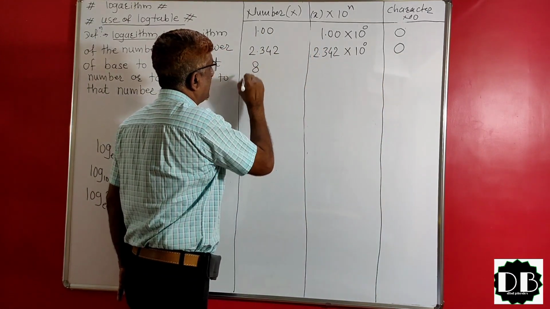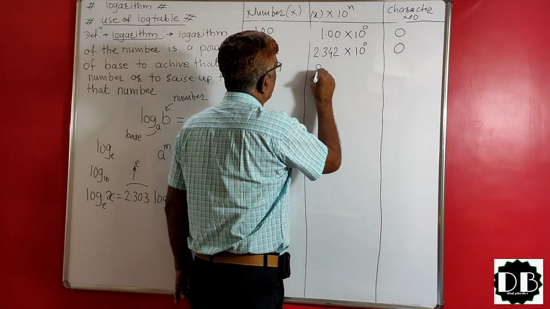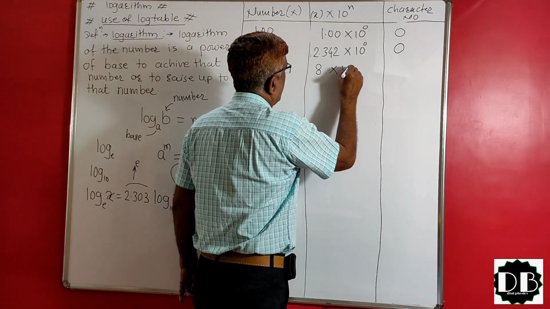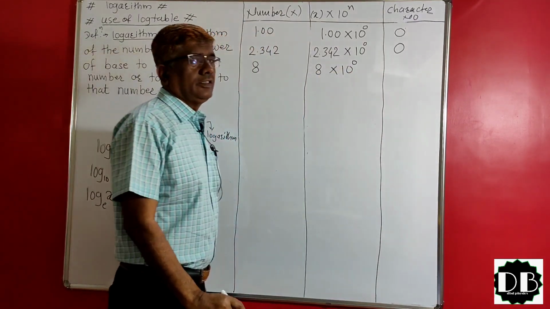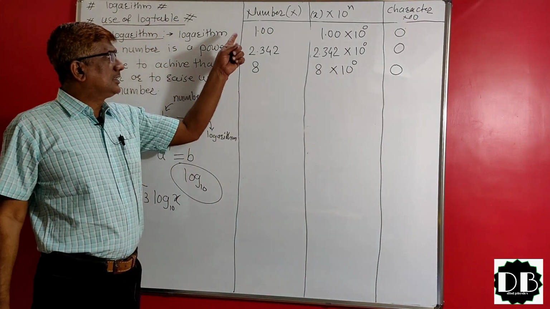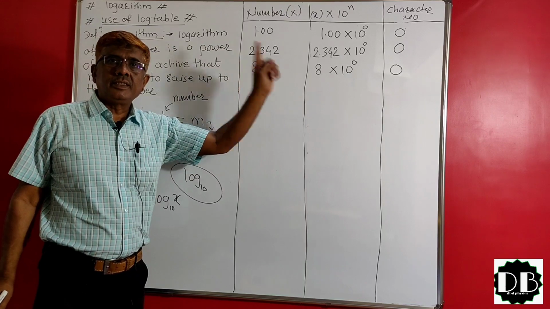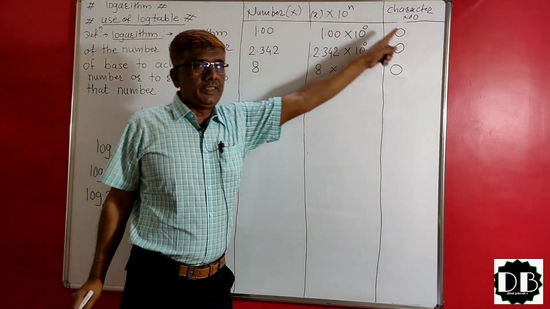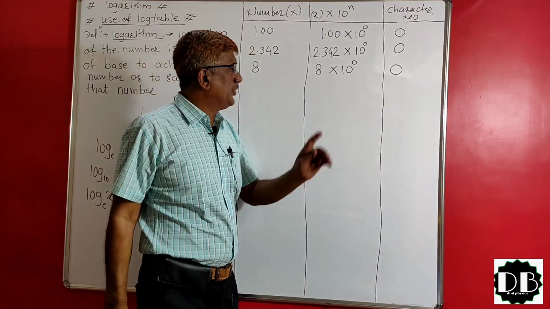For any number it is true. Suppose that we have the number 8. 8 is equal to 8 into 10 raised to 0. That means that if the number is a single digit or a decimal of a single digit, the characteristic number is always equal to 0.